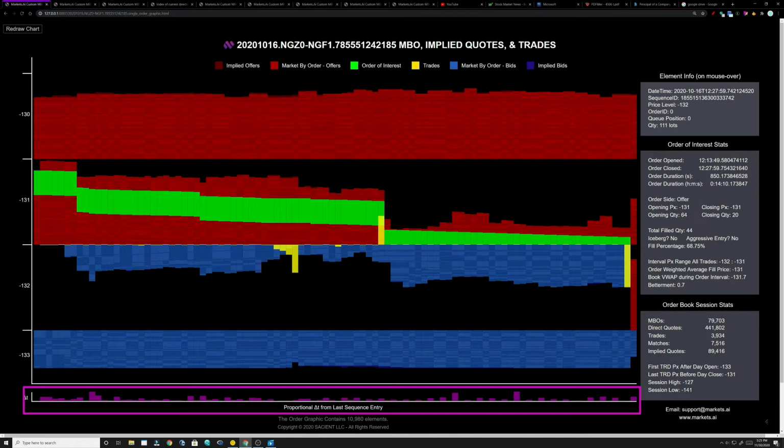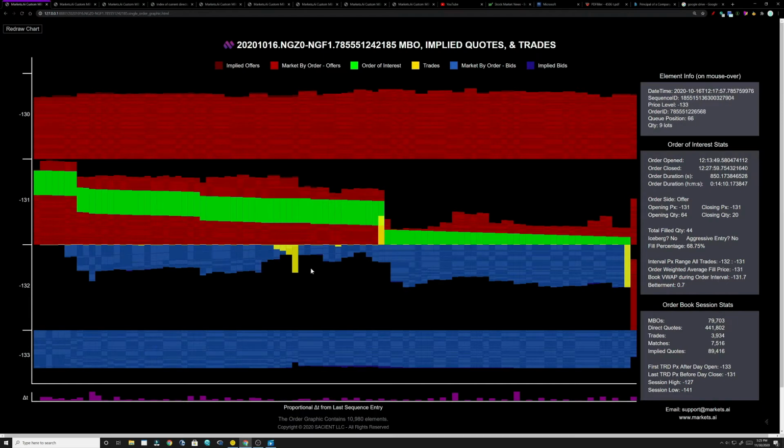The bars here represent the delta T from one sequence ID set of events to the next. So if you see a larger rectangle, that means there's more time from this sequence set to the next sequence set.